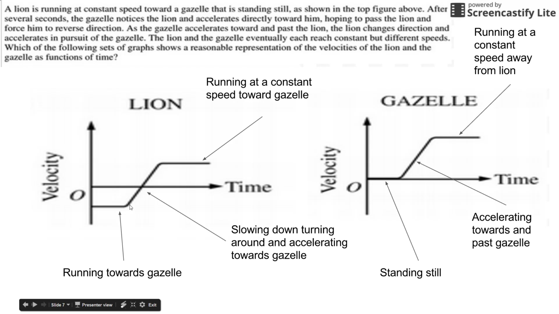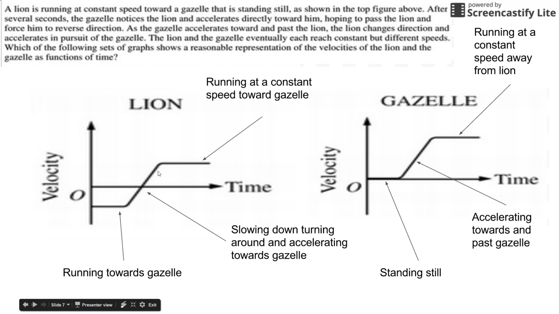Then we have an acceleration, which takes the velocity to zero and then past zero. That symbolizes the lion slowing down, turning around, and speeding up towards the gazelle. And then you have a constant positive velocity, which would be the lion chasing the gazelle at the end.